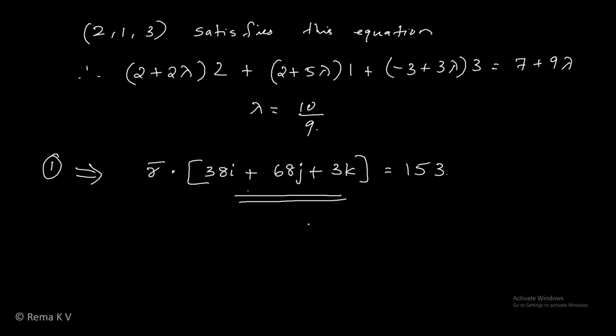Got this answer? R dot 38i plus 68j plus 3k is equal to 153. Okay, I hope you got this answer.